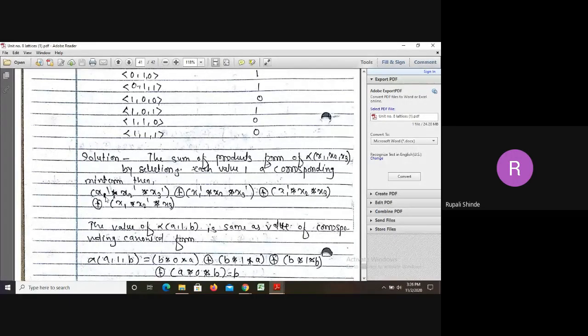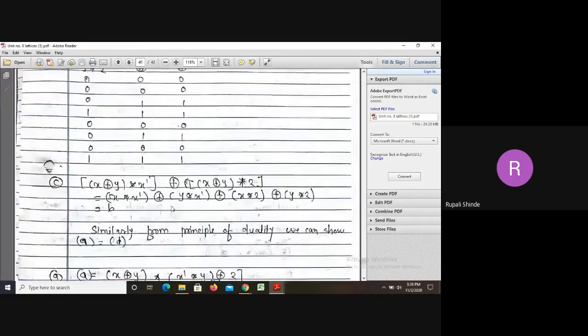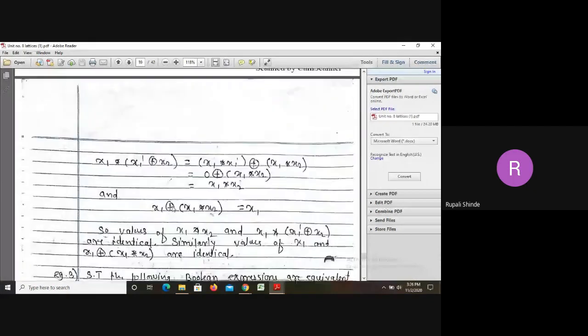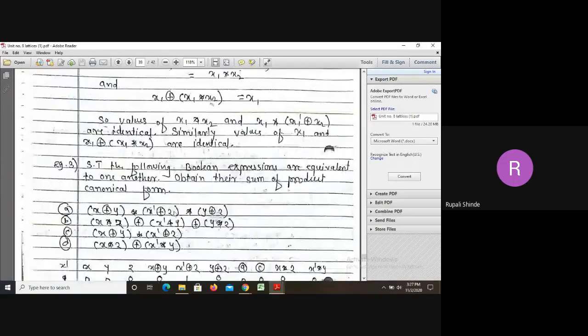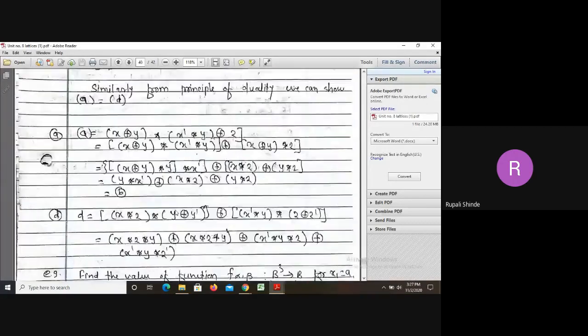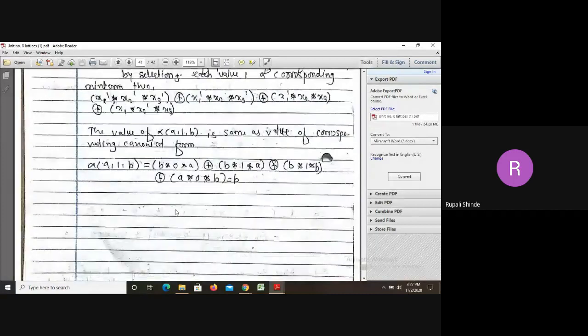So we have to check the complements of these variables. For that purpose, they have given this diagram, and from this diagram we define the complements. The complement of A is B, the complement of B is A, the complement of 0 is 1 and the complement of 1 is 0. Now we have to put these respective values into this formula.